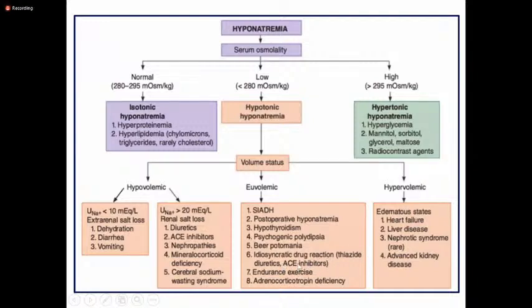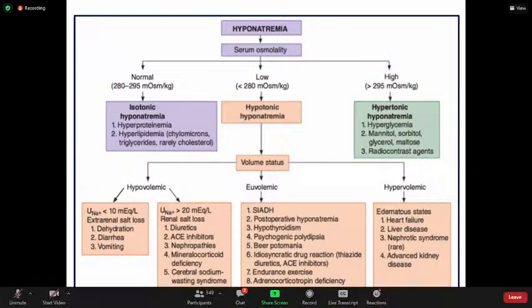Some drugs, your diuretics, ACE inhibitors, patients who are exposed to a lot of exercise, and adrenocorticotropin deficiency. So that's a heavy slide, but I think it summarizes how to classify hyponatremia and the various causes or clinical states in which the patient can present.